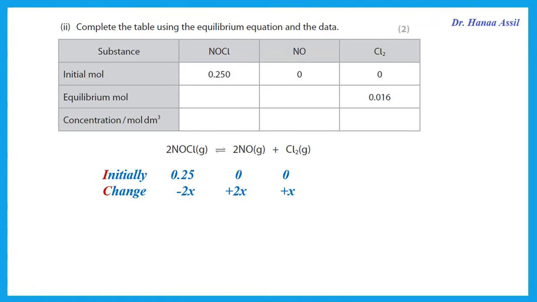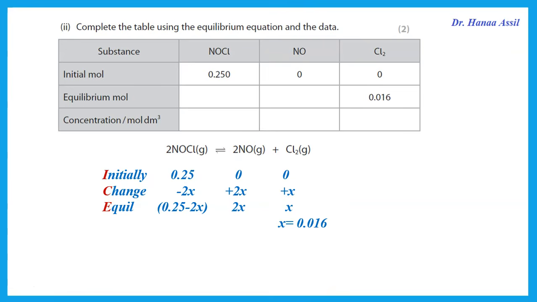Now, in any equilibrium, the reactants will lose 2X, where X is the amount that we don't know yet, and the products will form 2X and X using the coefficients. That means at equilibrium, we're left with the rest of whatever we started with. And then we're told that at equilibrium, we have 0.016 of chlorine. That means that X is 0.016.